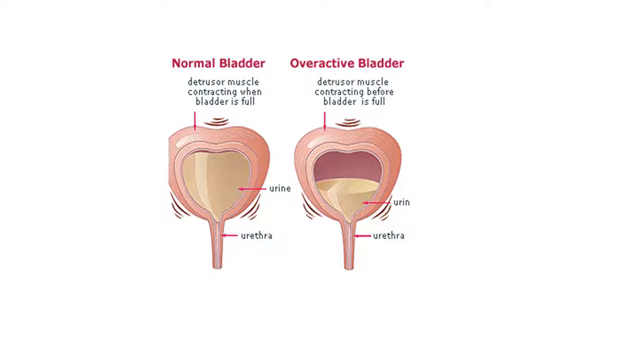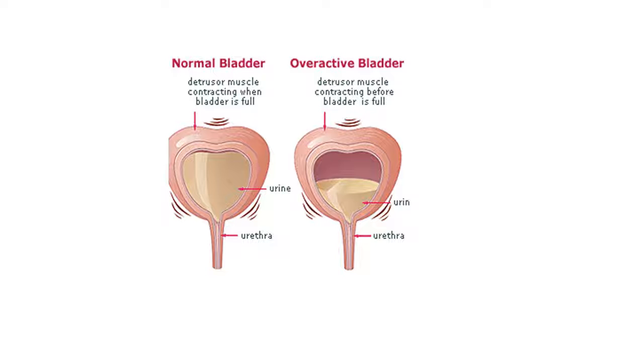If we are continent, right, if we can control our urination, then we can voluntarily relax or contract this urethral sphincter. But the detrusor muscle is actually not under our conscious control.